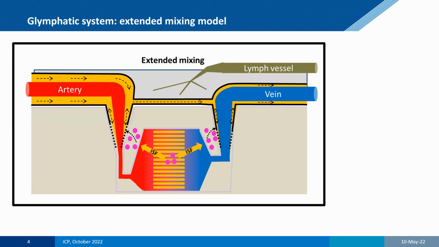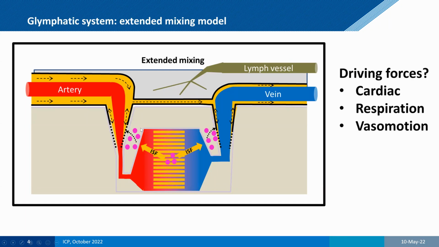This is what Hélène already mentioned to be the extended mixing model, in which we think that the CSF comes in along the artery, goes into the brain tissue, and there the ISF picks up waste products, and then this waste can either go out via the perivenous or the periarterial spaces, where we think that there's not so much net flow in the PVS, but more of a mixing effect going on, for example, driven by the cardiac, respiration or the vasomotion cycle.